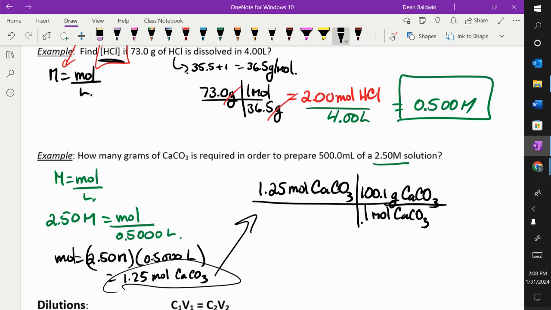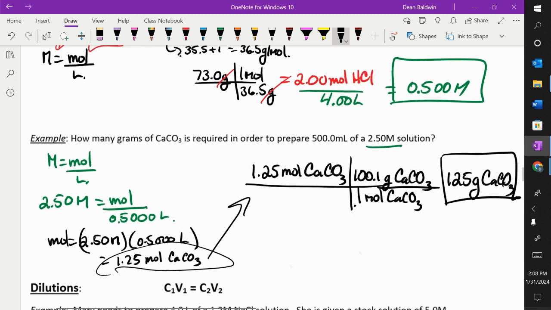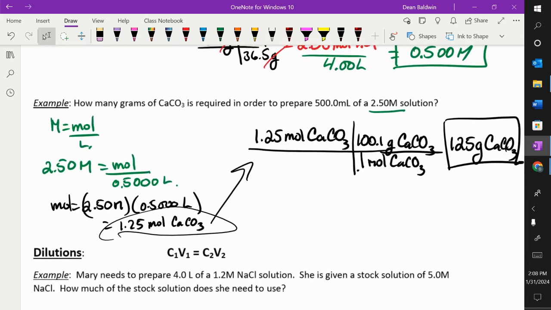So 1.25 times 100 will give me 125 grams of calcium carbonate. Is that okay? All right.